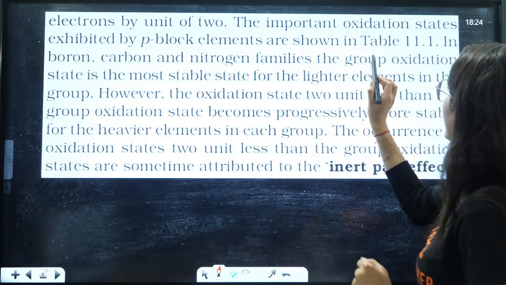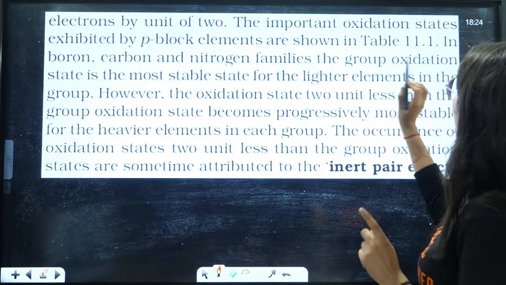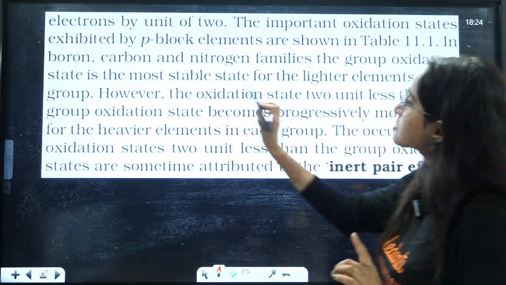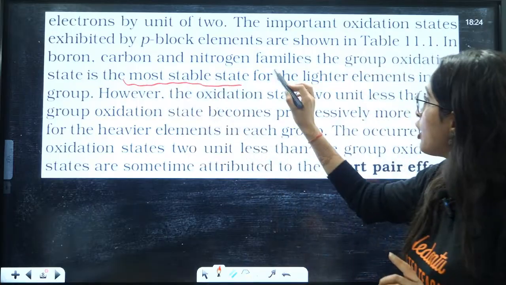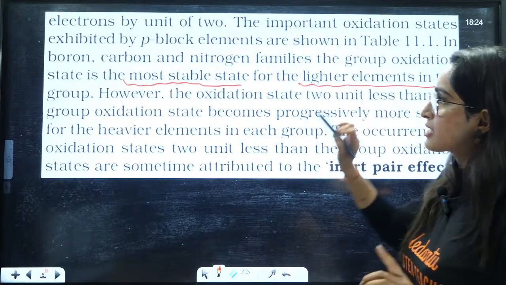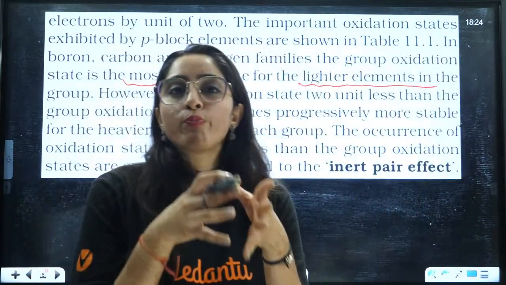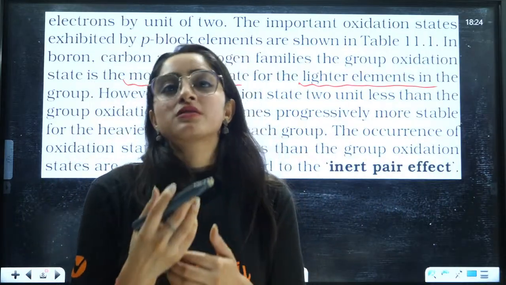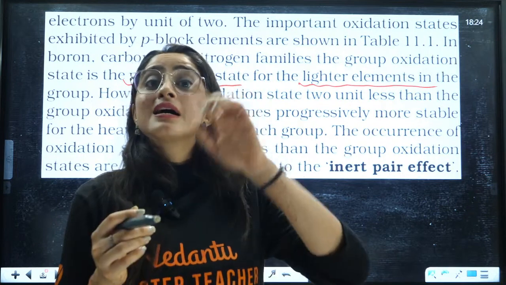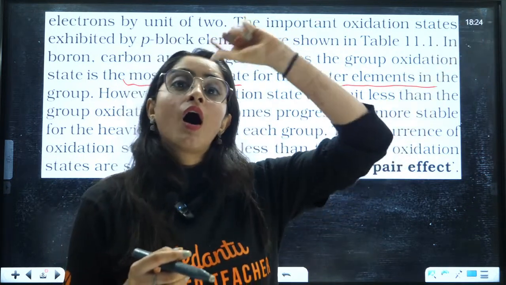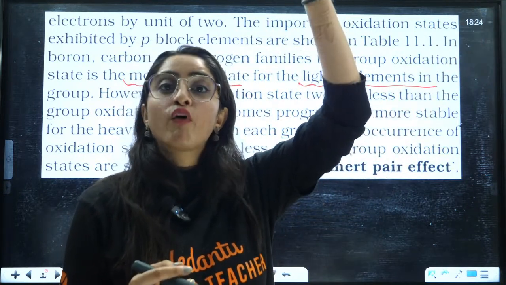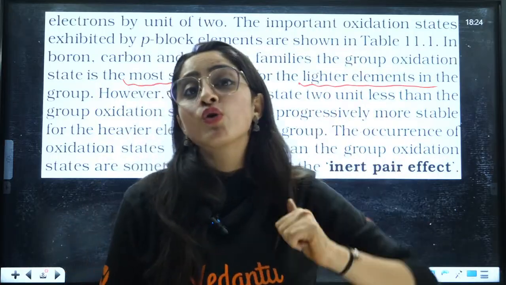Now they are saying that in this family, the group oxidation state is most stable, very important line, for lighter elements in the group, right? That means the group oxidation state, that is +3 for group number 13, is more stable above the group, right? That means for boron, aluminium, it is more stable.